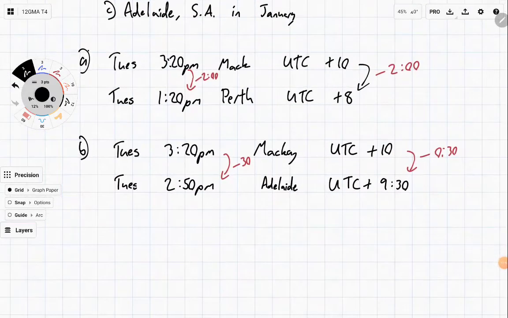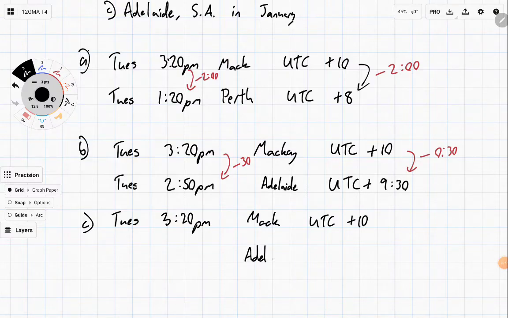So for C, we start on Tuesday, 3:20 p.m. in Mackay, UTC plus 10. We want to go to Adelaide, but this time with daylight. So it's always plus an hour. So we get UTC plus 9:30 plus the hour.